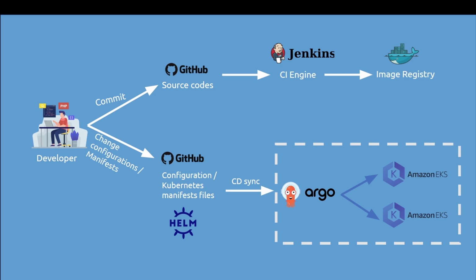So this is the general architecture that we'll be following. Without further ado, let's get started with our demo. Please follow along with this video until the end so that you will have a great understanding of what Helm is, what Argo CD is, and how things work using Helm and Argo CD. So let's get started.